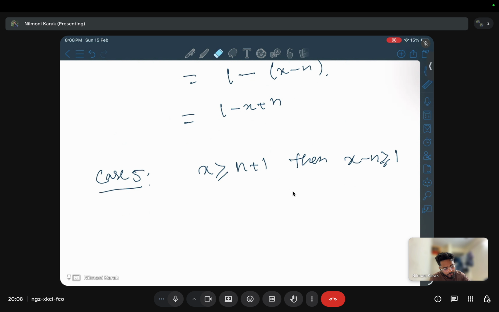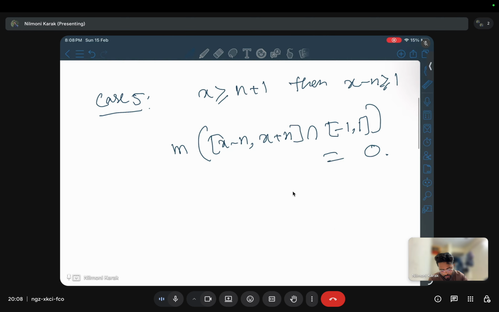So the intersection is phi. The measure of the intersection is phi, so the measure is 0.